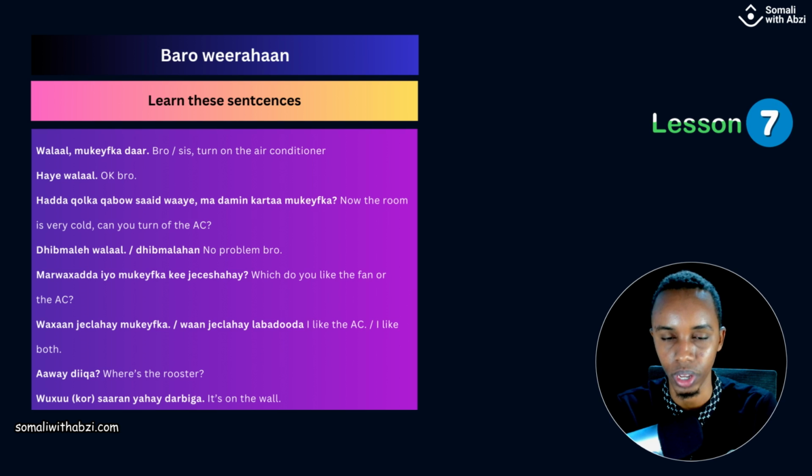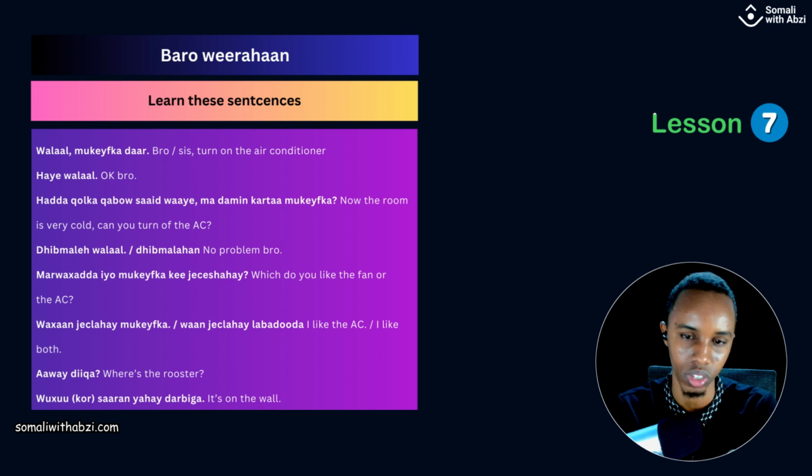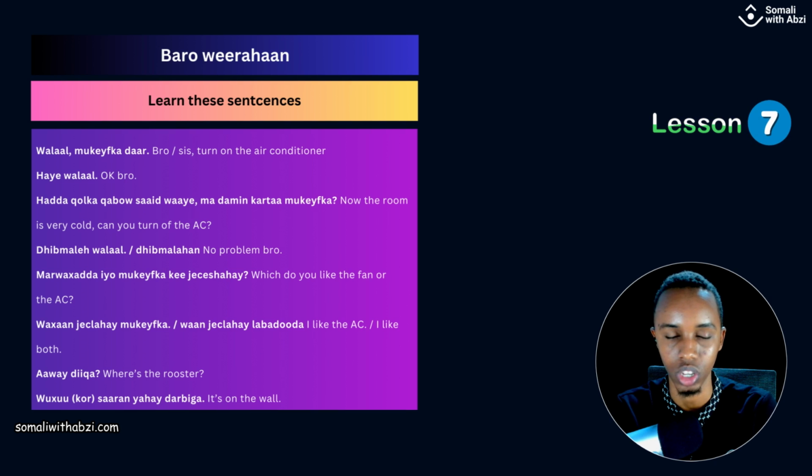All right, now let's explain each one in a deep dive. The first one is Walal Mukayf Kadar. That means turn on the AC or air conditioner. In Somali, we use dar for turning on all electronics, or even the phone. You can just say mobile kadar. It's like switch on, or power on in English.